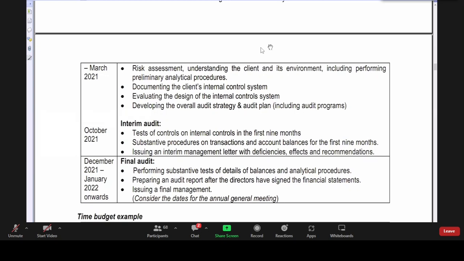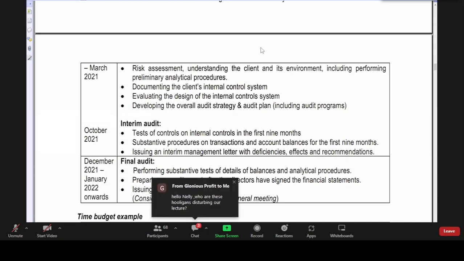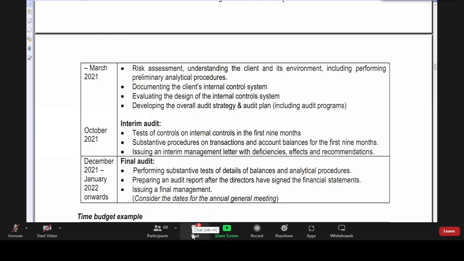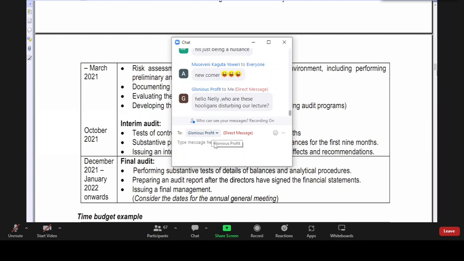But we give them a management letter showing the weaknesses, what they have done well, and where they have to add more effort. Ideally, the management of the business must take those recommendations into consideration, and they also give their comments on the issues raised by the auditor.